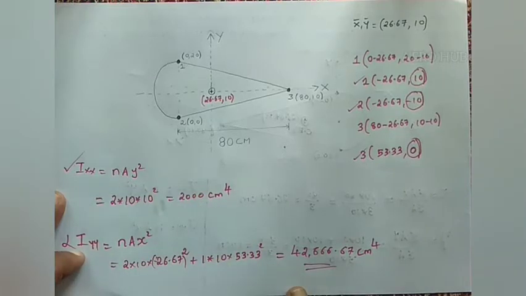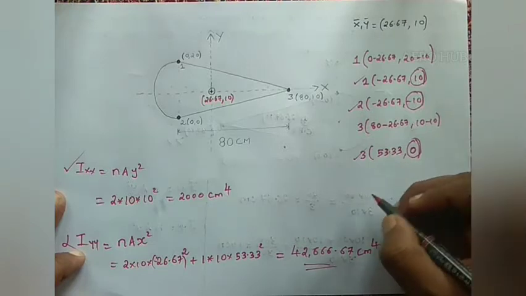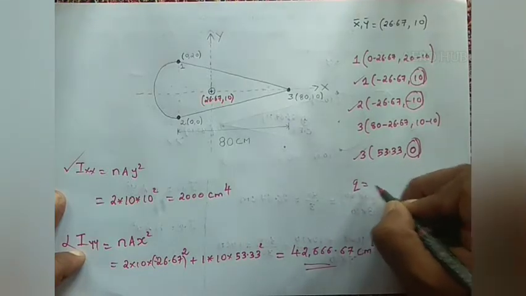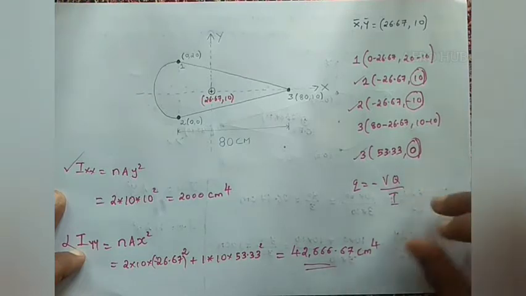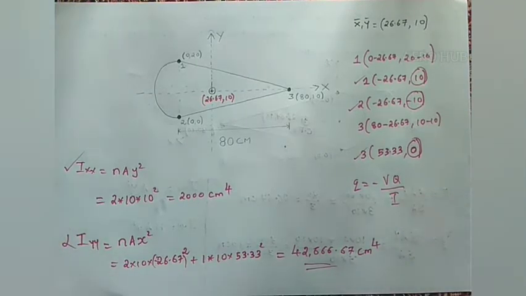Now we have the formula to find out the value of shear flow. Shear flow, we have formula q is equal to minus VQ by I. We have discussed this formula. We have derived this equation in the first lecture of last unit, that is the concept of shear flow. I will be providing the link of that lecture in the description box.